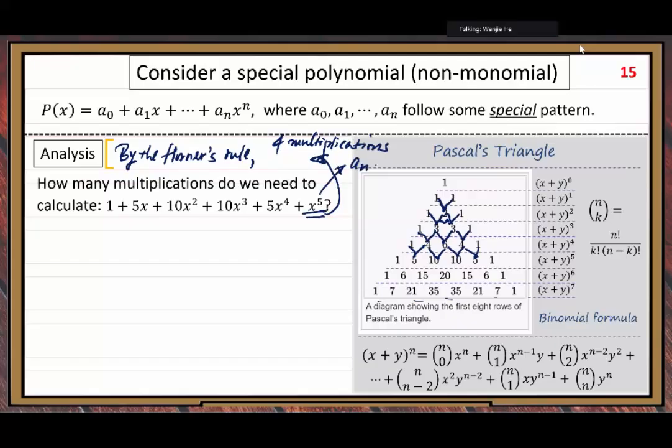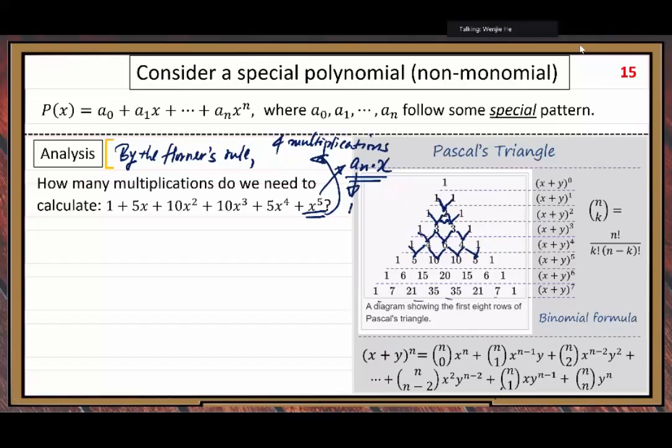In Horner's rule, the last multiplication is an times x, but our an is 1. Why would you need to do 1 multiply x? You do not need to. So you can save 1 multiplication by Horner's rule. By Horner's rule, 4 multiplications. All right.